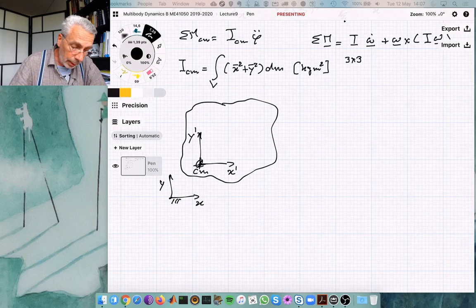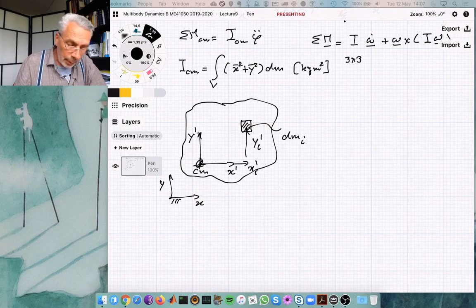And then I can take a particle, a blob, and we usually call this dm_i, from particle i, and it has the position vector, of course, x_i prime and y_i prime.